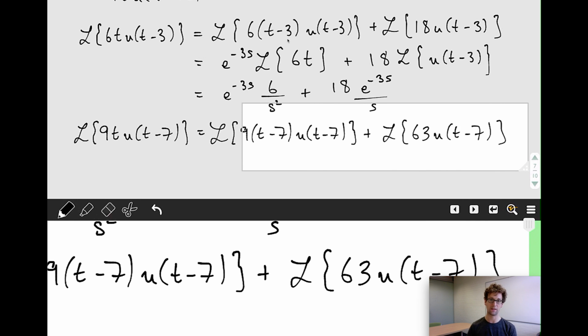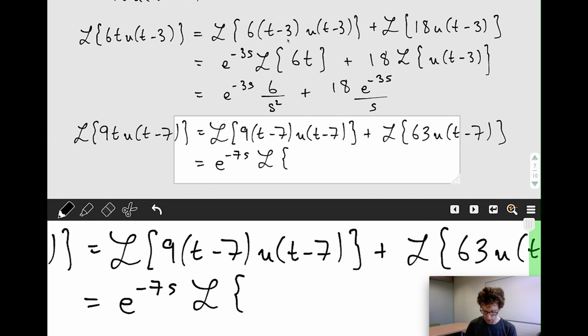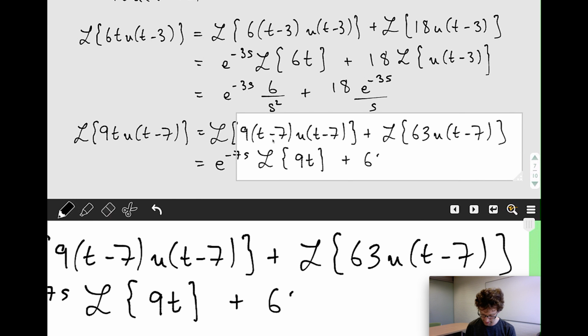That was the bit that was left over. Now what's the Laplace transform of this first thing? Again, I'm going to use the second shifting theorem. It's going to be e to the minus shift times s, the shift was 7, times the Laplace transform of the unshifted, uncut function. Getting rid of the cut means get rid of the Heaviside, and getting rid of the shift means get rid of the minus 7. That leaves me with 9t. Plus we can take out that 63 to get the Laplace transform of u of t minus 7.